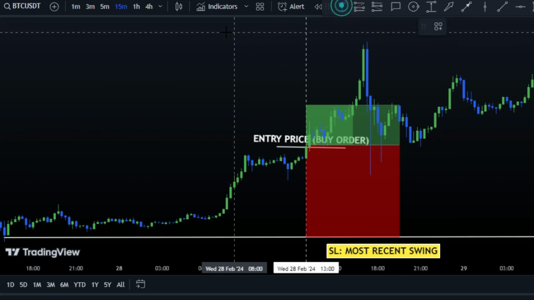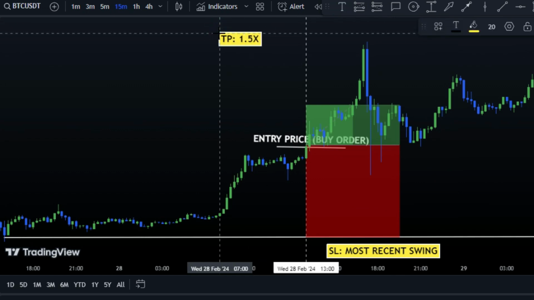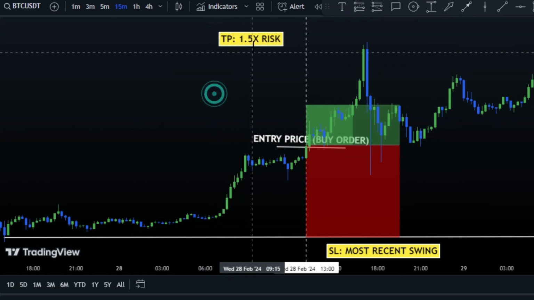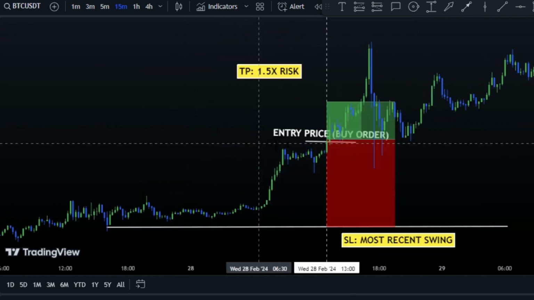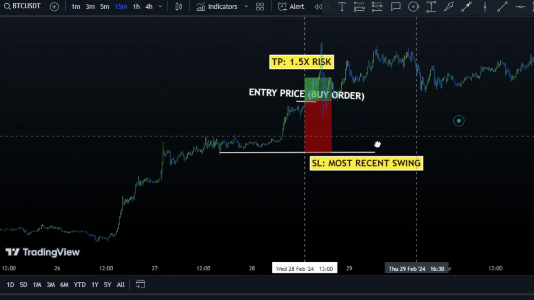And when exiting the trade for a profit, establish a target that is 1.5 times greater than the risk of your trade, ensuring a favorable risk-to-reward ratio.